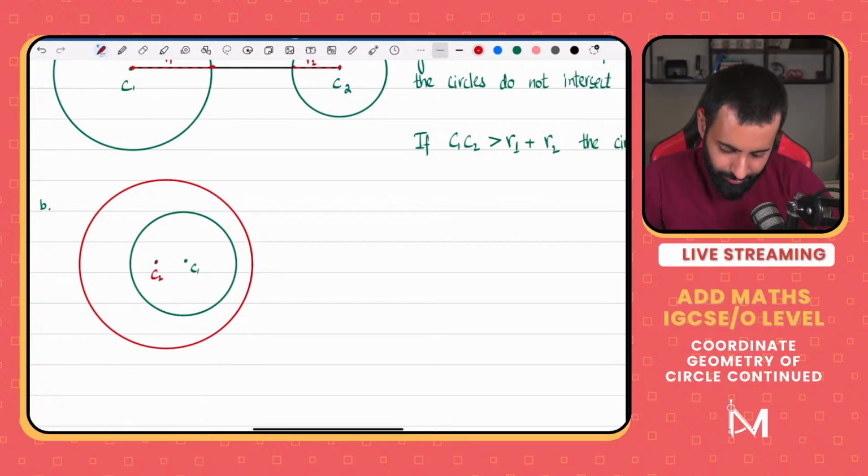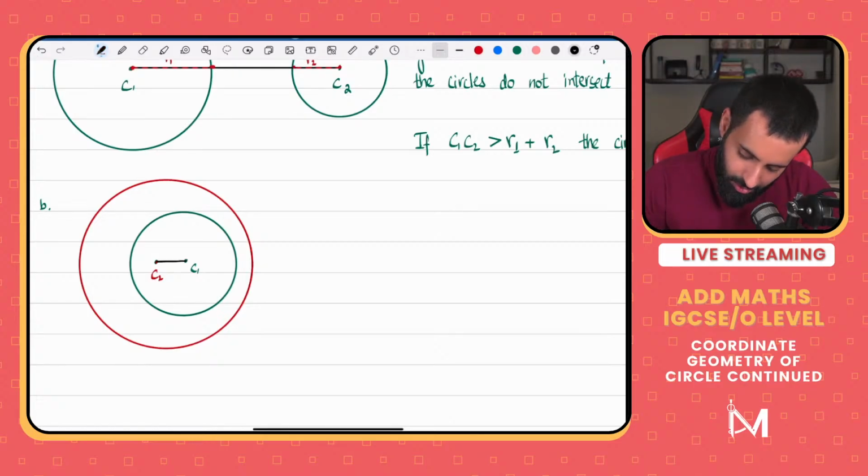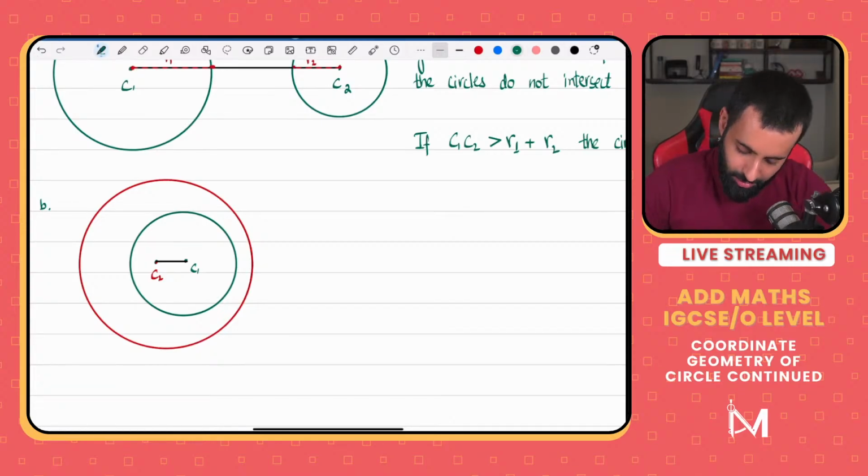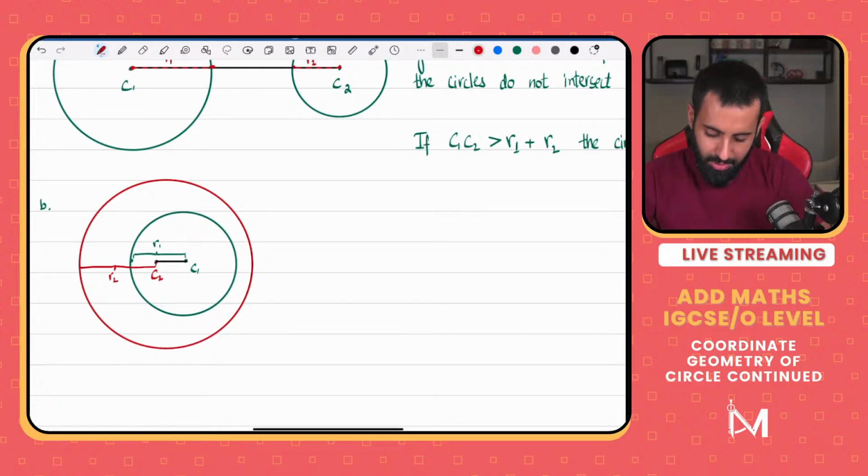So let me color code it. Now here you can see this is the distance between the 2 centers. And if we talk about the radii, this is the radius, let's call this R1, radius of the small circle, and this is the radius of the bigger circle.